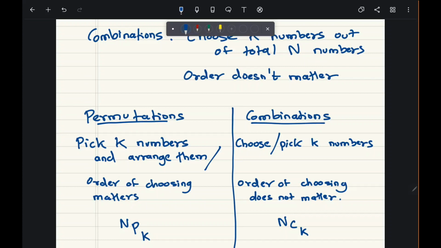Permutations, let's say you have an F1 race and there are maybe 20 cars racing. What are the different possibilities for the podium? So you have 3 places, first, second, and third, and any of those 20 drivers could take the podium. So here the order matters because you either are the winner or the runner up or the third place.